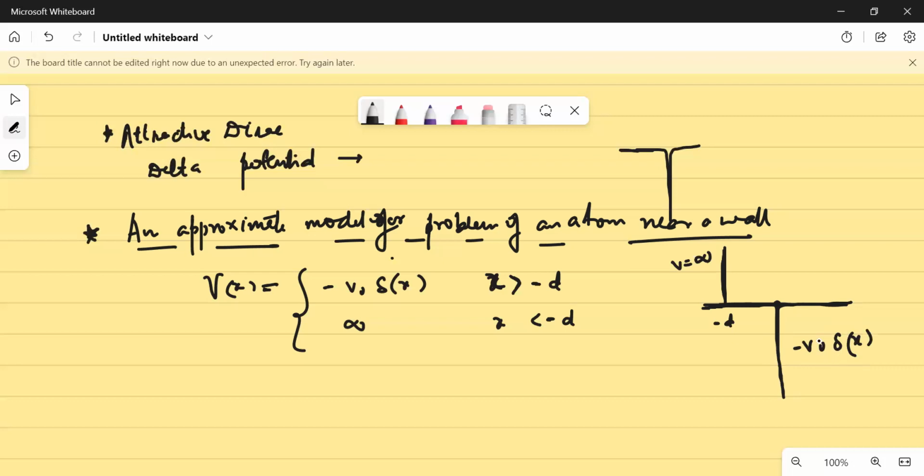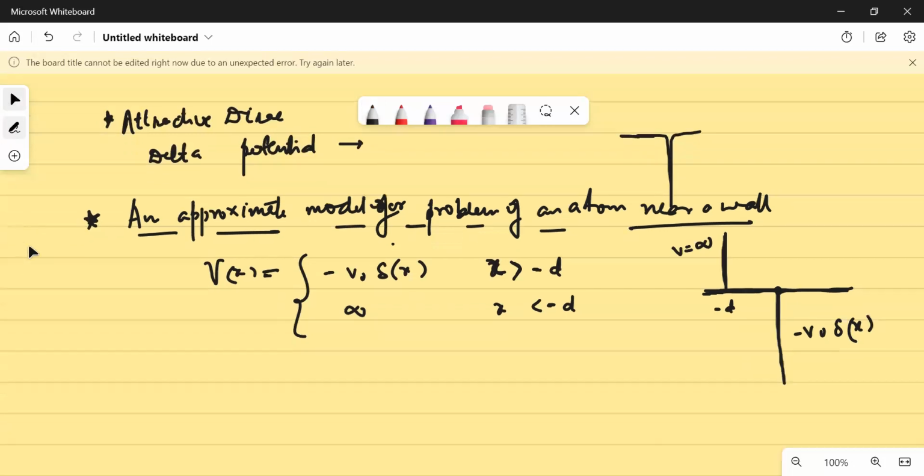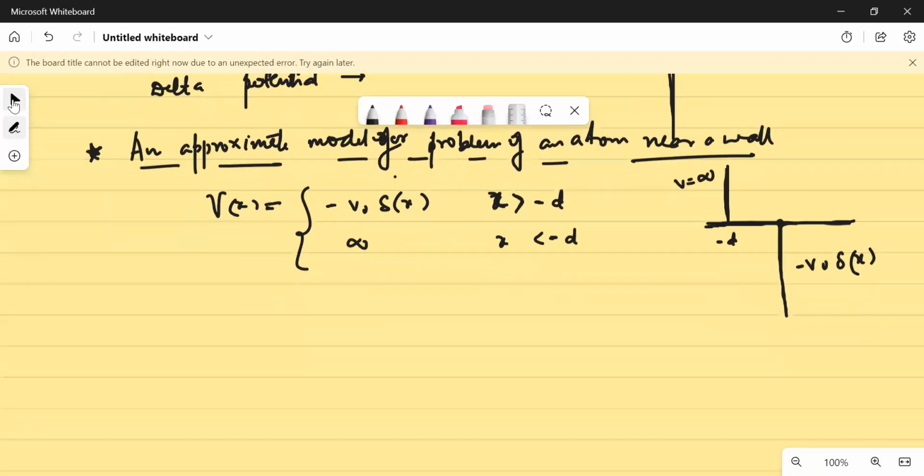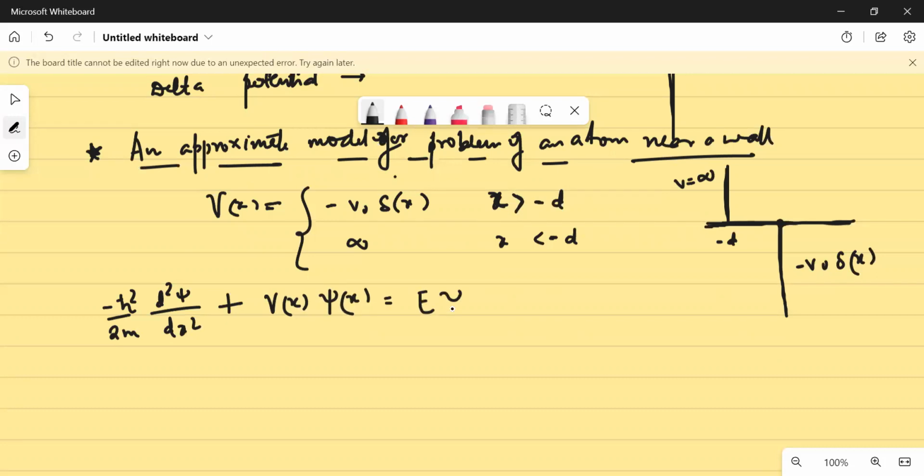Now, how to solve this differential equation? Yesterday I also told you that to solve it, we have to write the Schrodinger equation: minus h bar squared upon twice m, d squared psi upon dx squared, plus V of x psi, equals E psi.